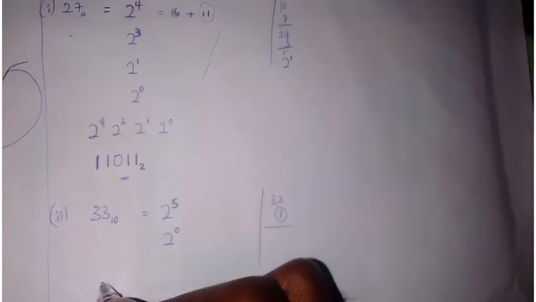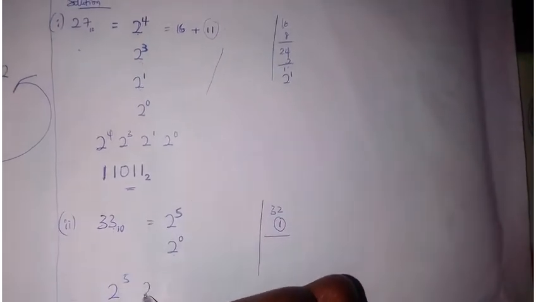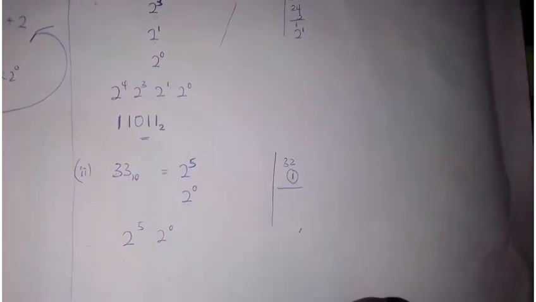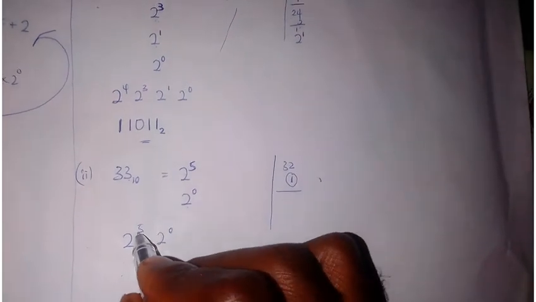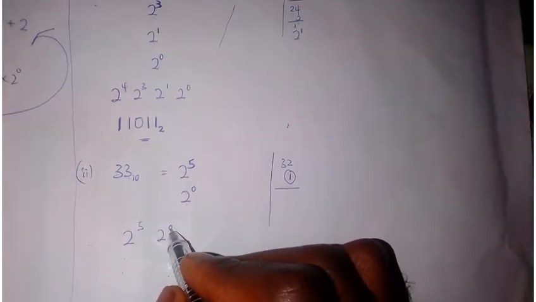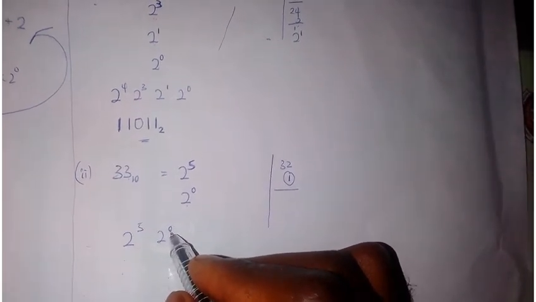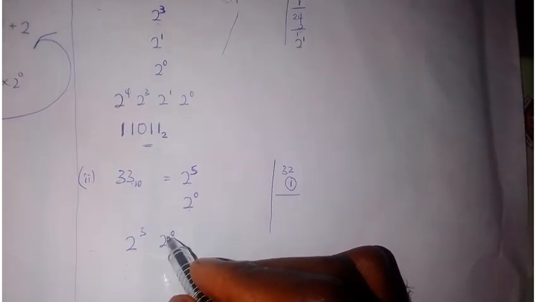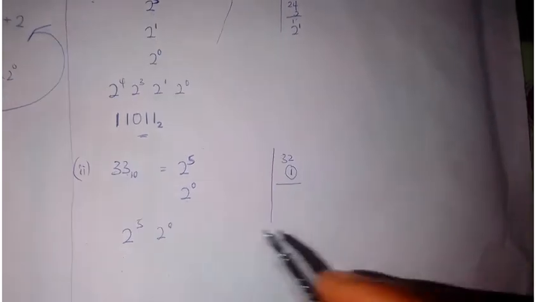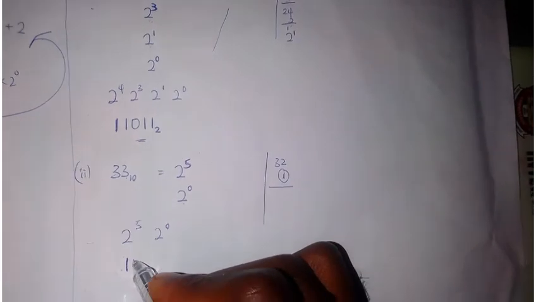Okay, now let's write it down again. 2 raised to the power 5 and 2 raised to the power 0. Now, it must always start from the highest and it must get down to 0. If there is no representation for a power, that part will be 0 automatically. So 2 raised to the power 5, this is 1. There is no 2 raised to the power 4, 0.